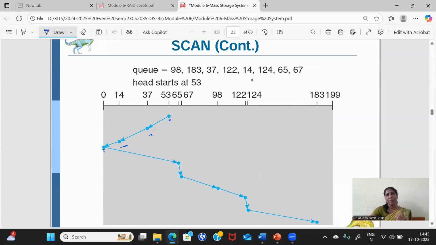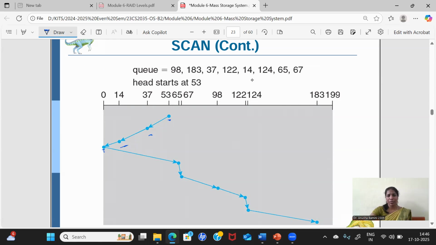For example, if we have some work in one place, we plan that whatever small works are available in between, we complete them together. Same thing: starting from 53 and coming to 0, whatever requests are available in between are also accepted by this disk traversal.